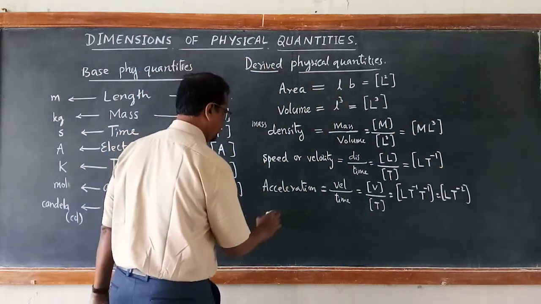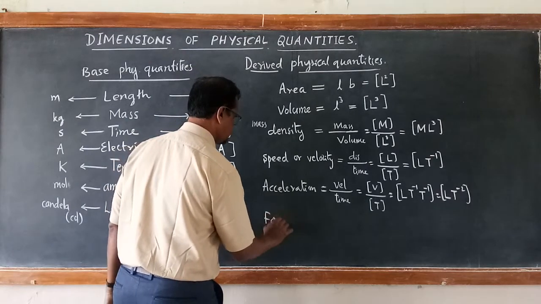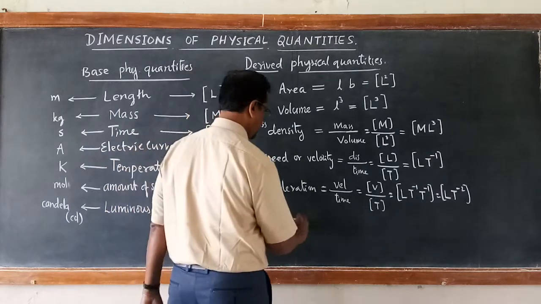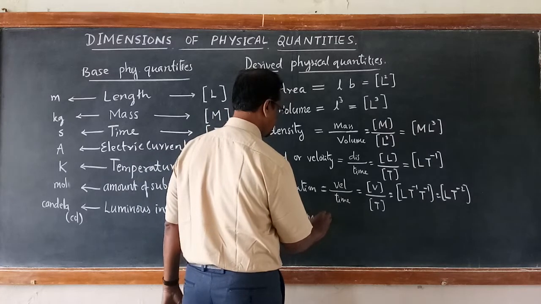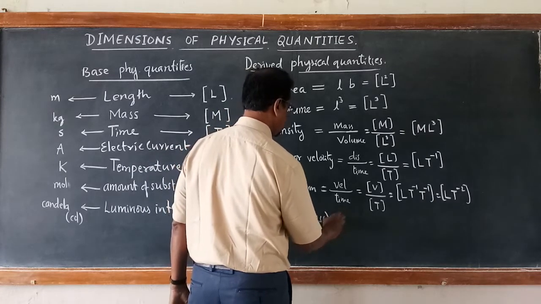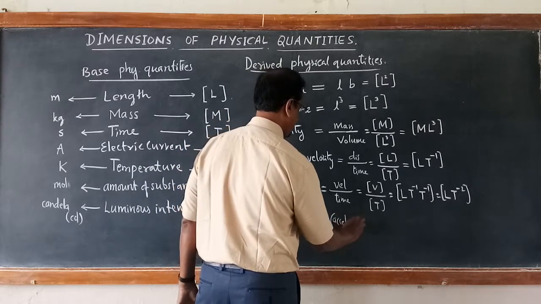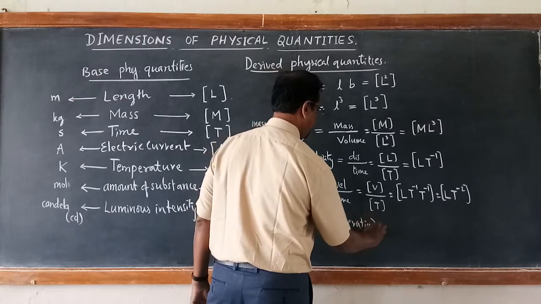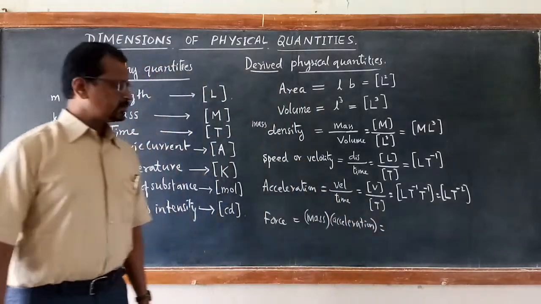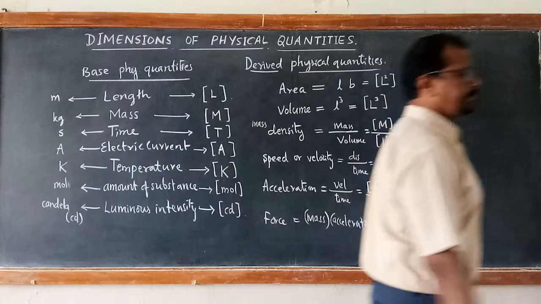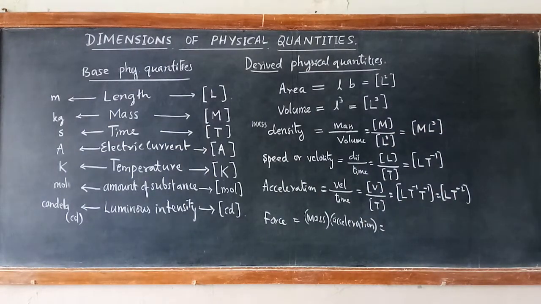Similarly, I can write another derived unit, that is force. Force can be written as mass into acceleration. So you can write the dimension of mass and the dimension of acceleration and calculate.